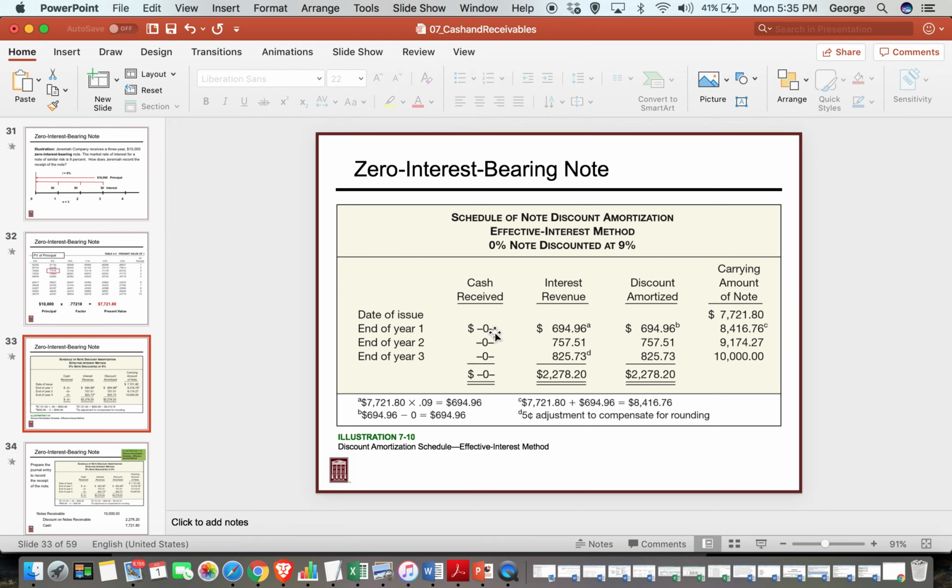But there's no cash here, so the discount amortized is going to be the same as the 9% interest revenue. When you add those amounts up, they add up to $10,000. The face value of the note is $10,000, but the amount they really owe us is $7,721.80. The rest of that is interest. So we use the present value calculations to determine how much is interest in that note and how much is principal.